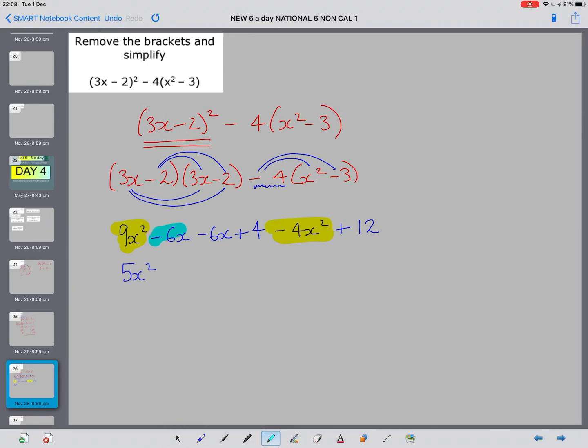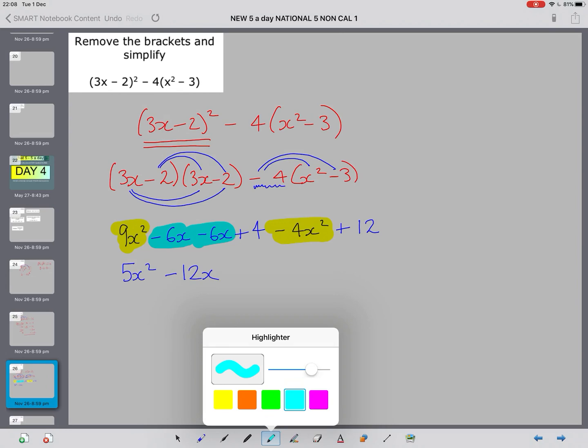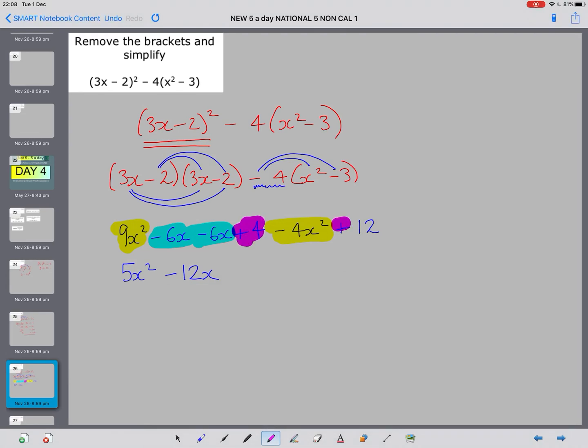You've got -6x and another -6x. So that would give you -12x. And then you've got the numbers, which are kind of left over here. You've got a +4 and a +12. So you've got a +16 at the end. And that's the brackets removed, and it has been simplified.